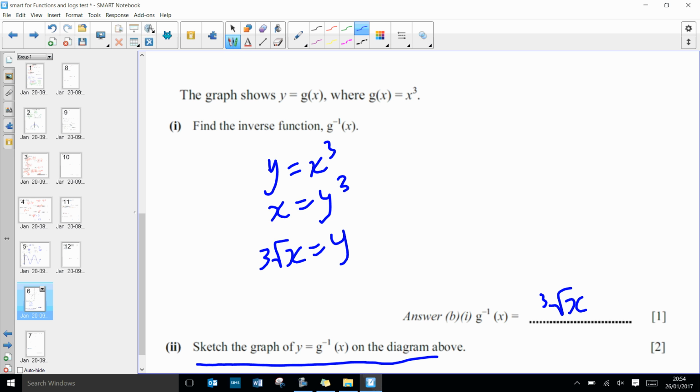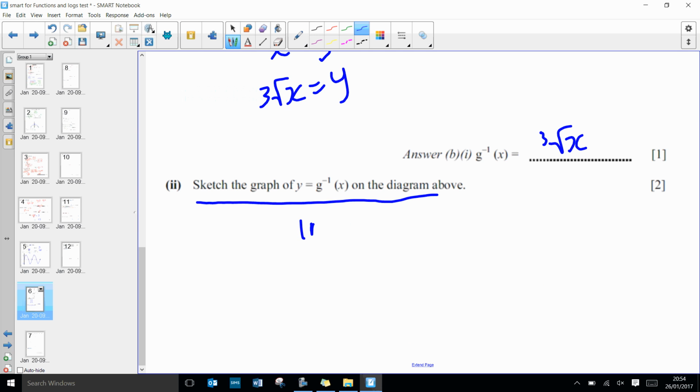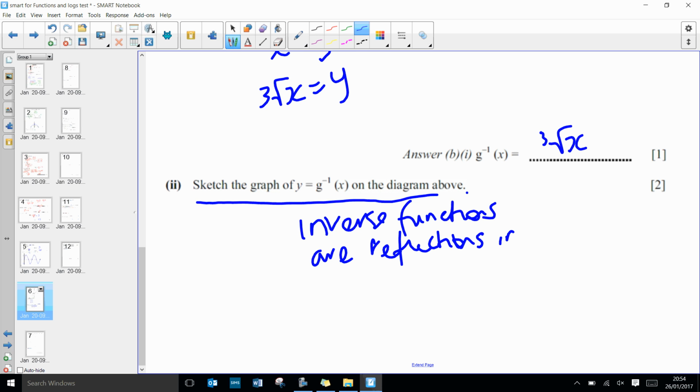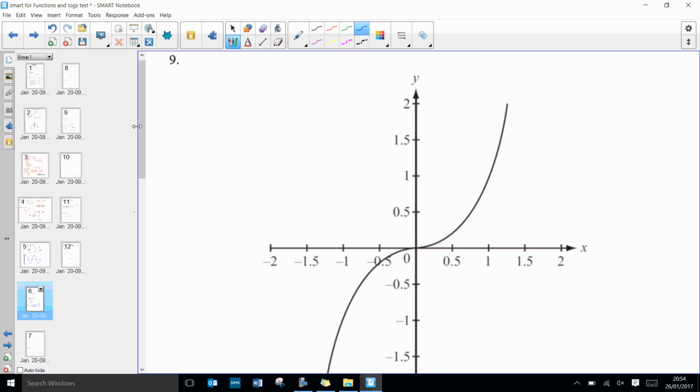Well, we know that inverse functions are reflections in the line y equals x, and the line y equals x is a diagonal line going through 0.5, 0.5, 1, 1, 1.5, 1.5, 2.